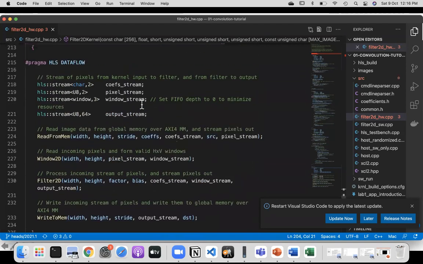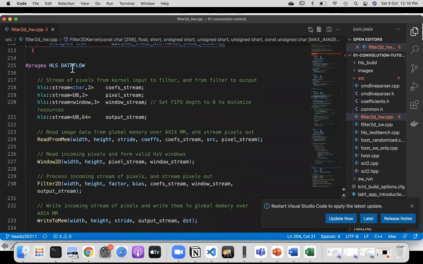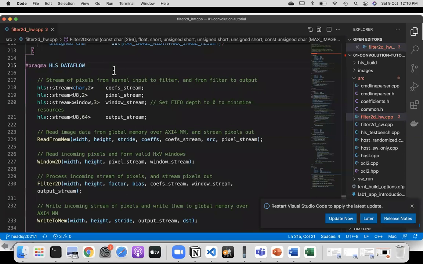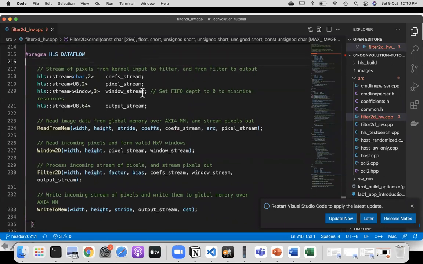And on line 215, you can see the data flow pragma. And then on lines 218, 219, 220, 221, you can see all these streams: coefficient stream, pixel stream, window stream, output stream, and so on.